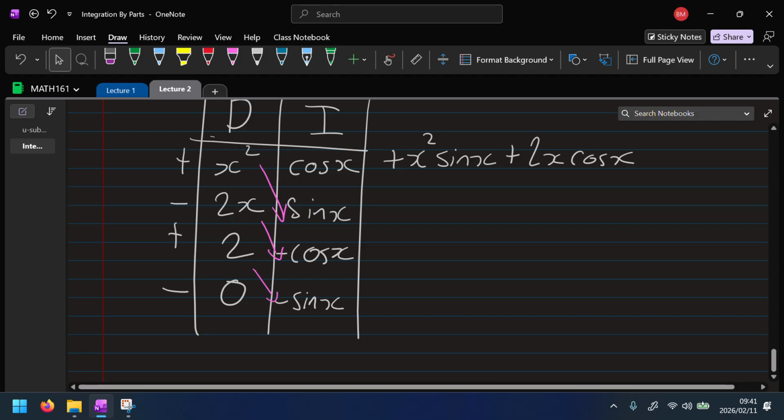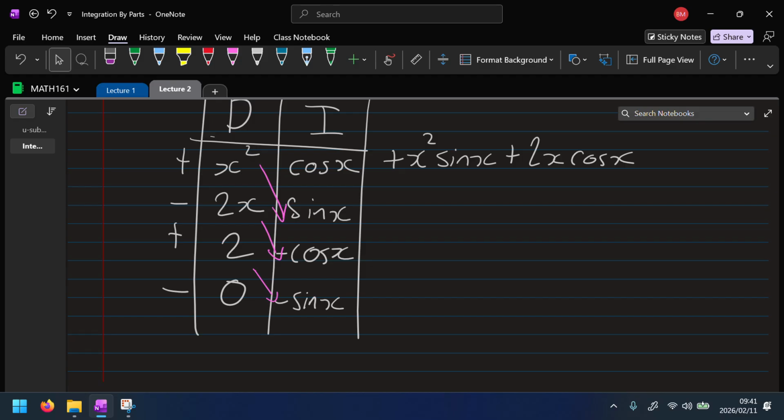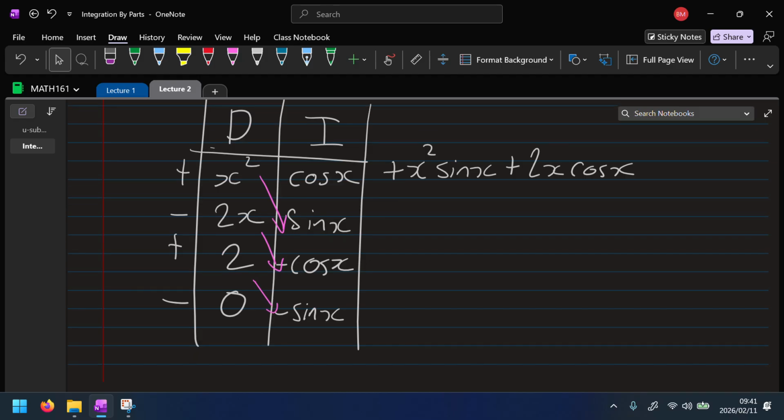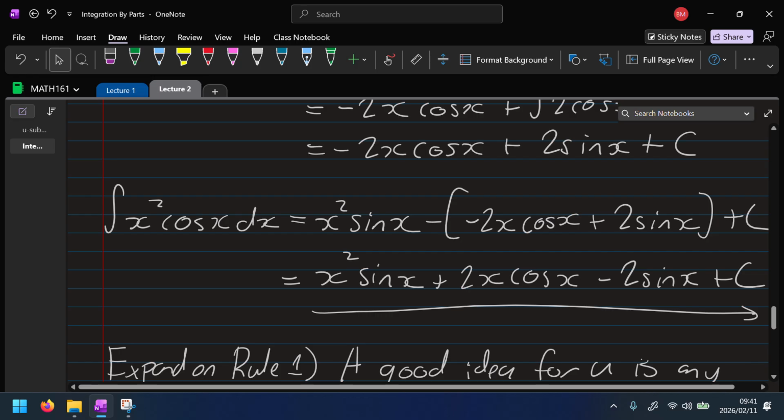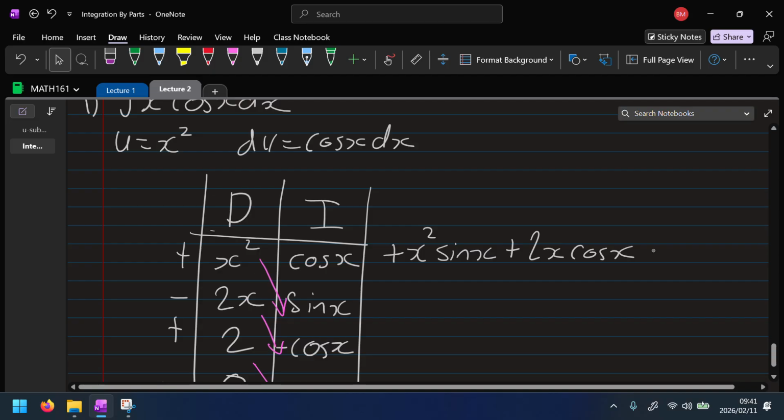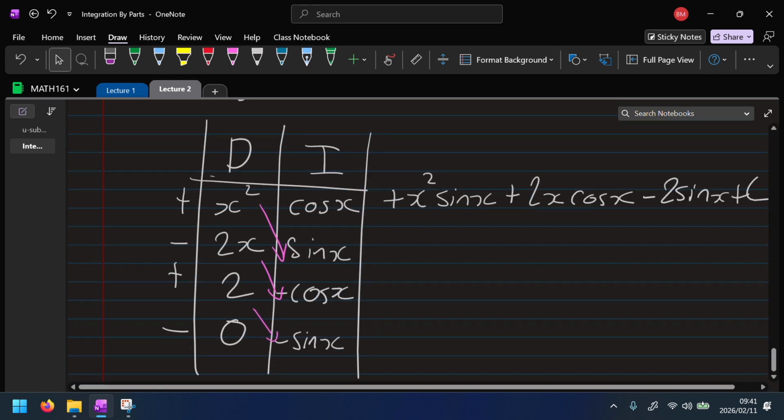Next one, we have 2x and a minus sine x. That comes with a plus, so it stays minus 2 sine x. If we go back up a little bit, minus 2 sine x, that was the third term. Plus c.